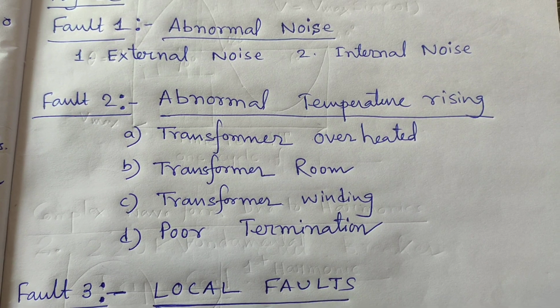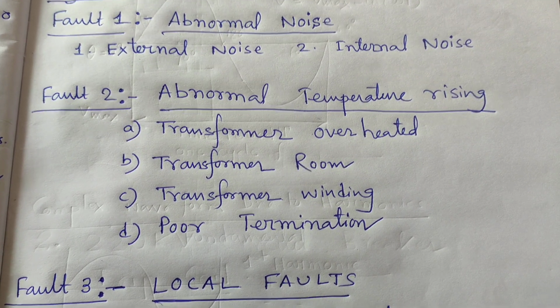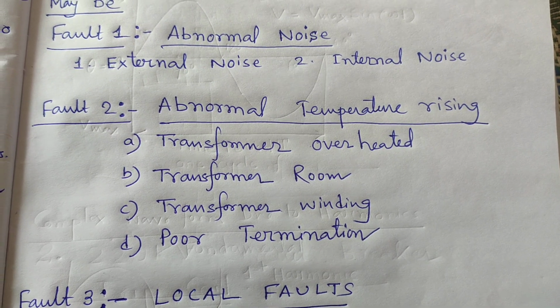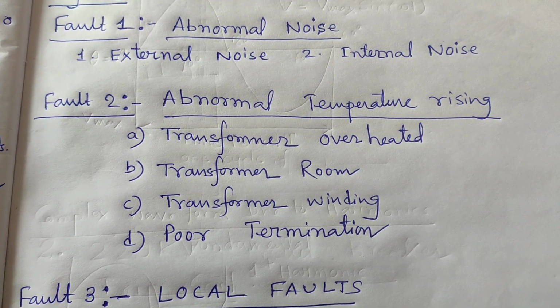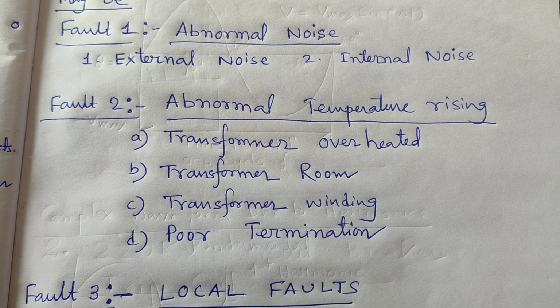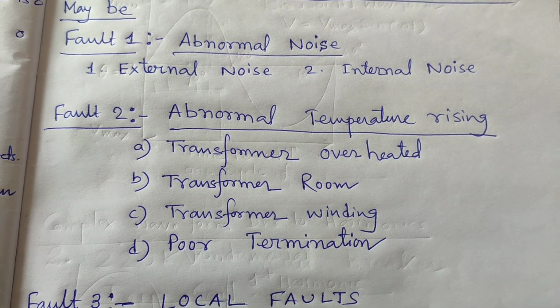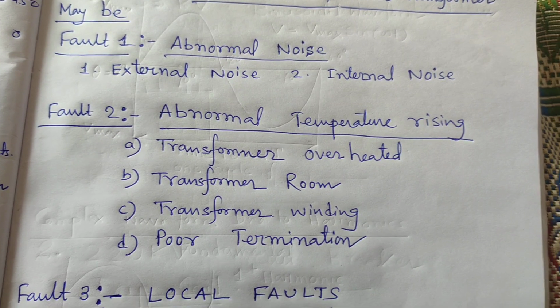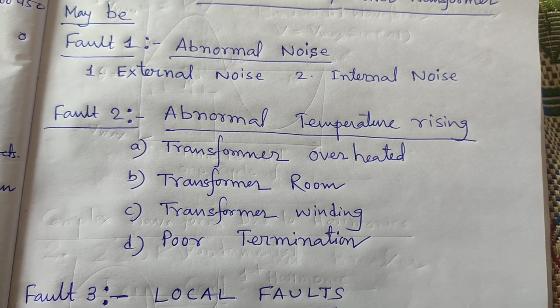So we should be aware that the overheating may be due to overload, or maybe loose connection at the clamp connectors of the high voltage side and low voltage or medium voltage side, and the bimetallic sheet.